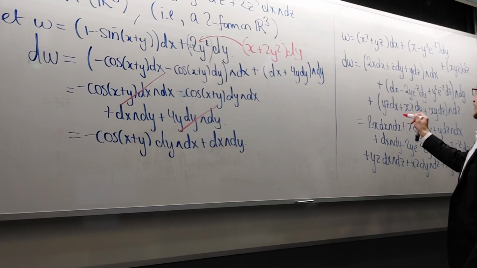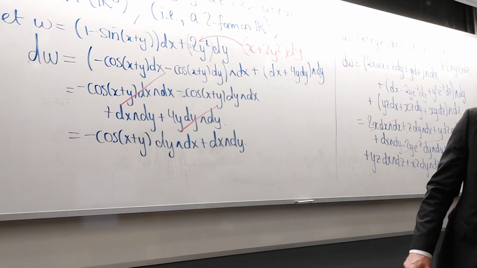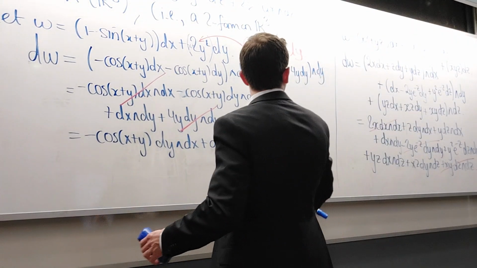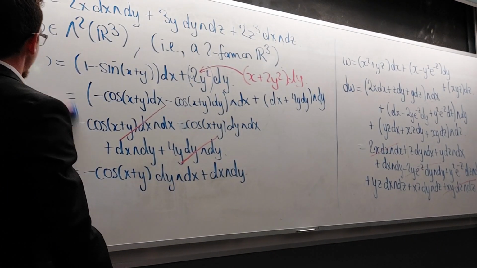Because now what we'll have is by nilpotence that that's 0, and that's 0. Now we just need to keep track of where the minus signs are coming in.